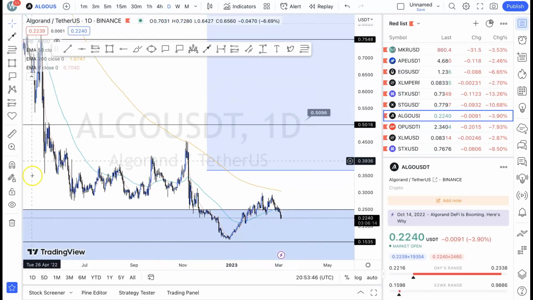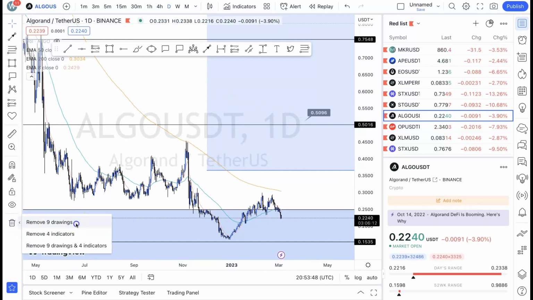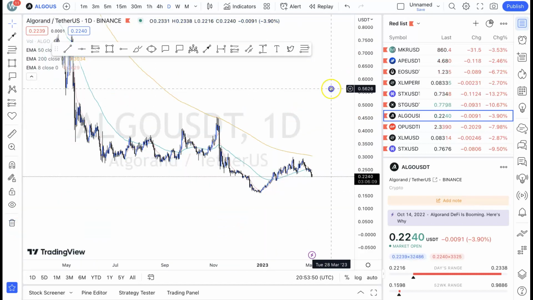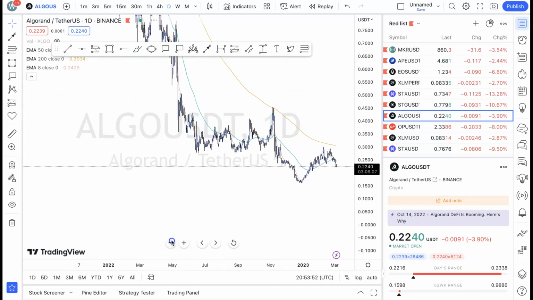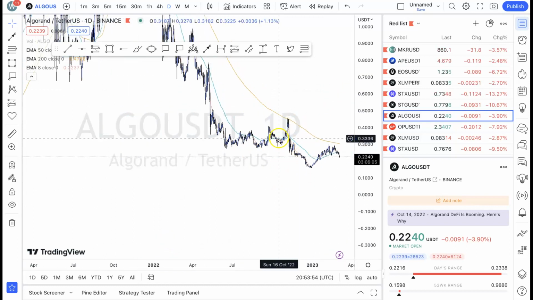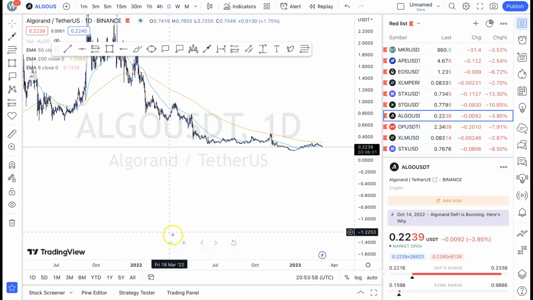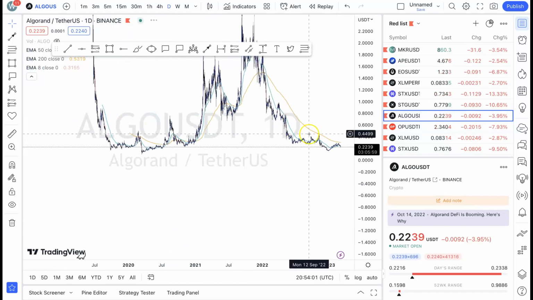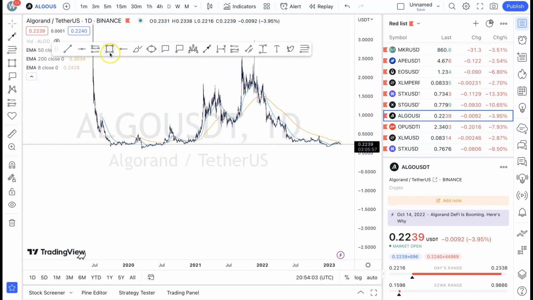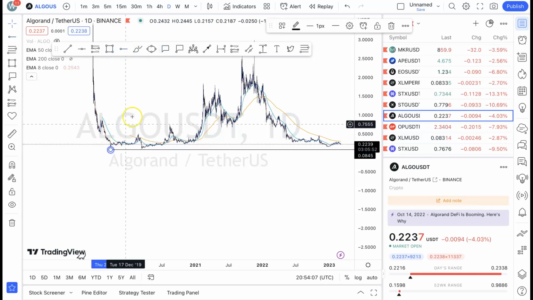Algo has also been a coin I've been looking out for a while. Algo was one of the sponsors on the FIFA World Cup.